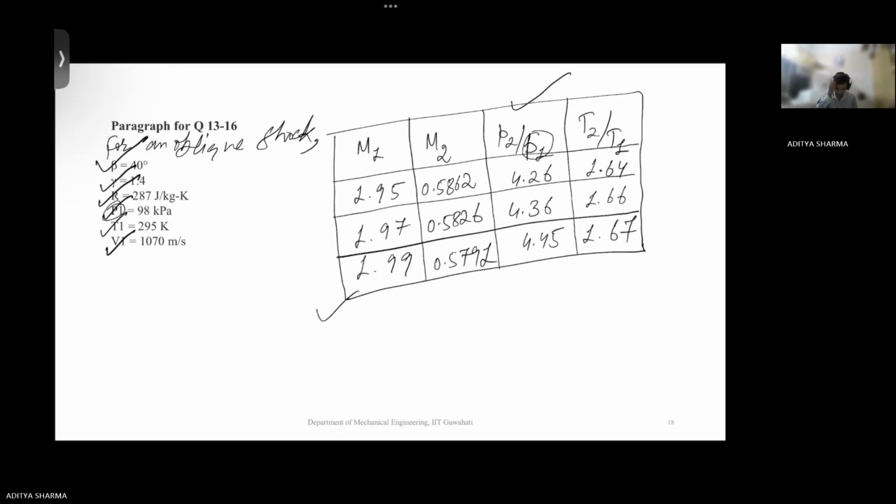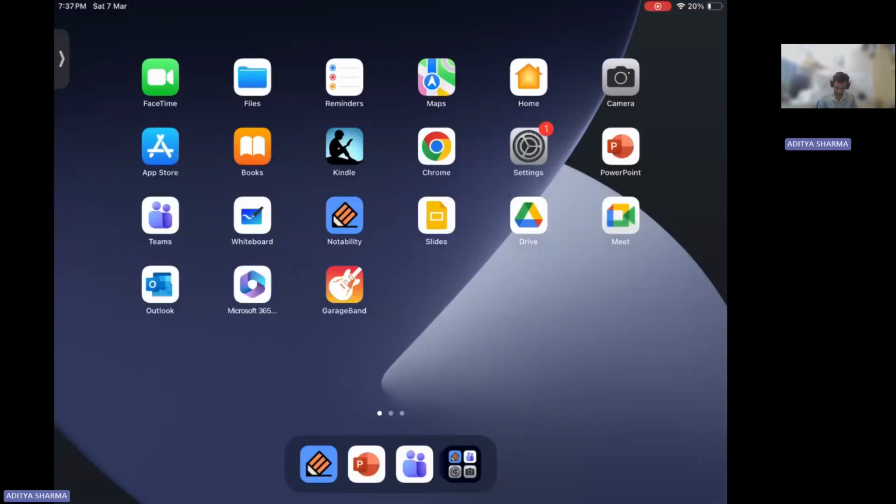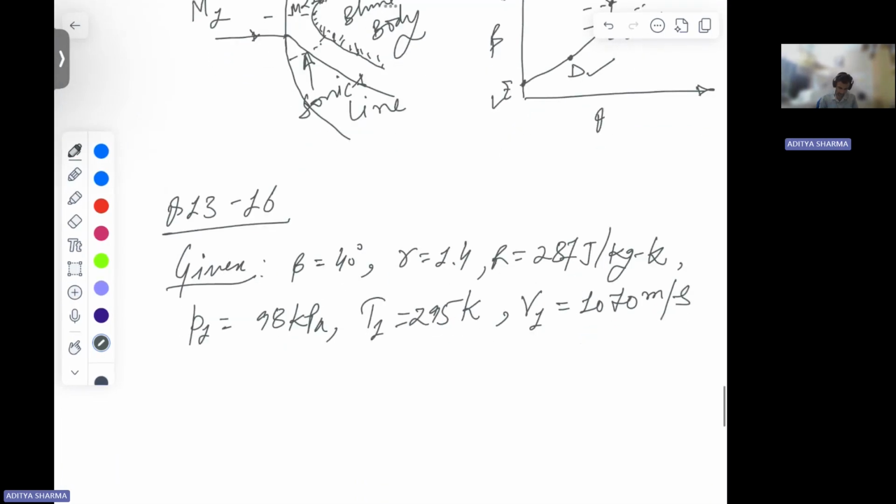Now this ratio is given, right? But then which Mach is of our concern, that we'll have to see. So from the velocity term, we will calculate that. So let's see.